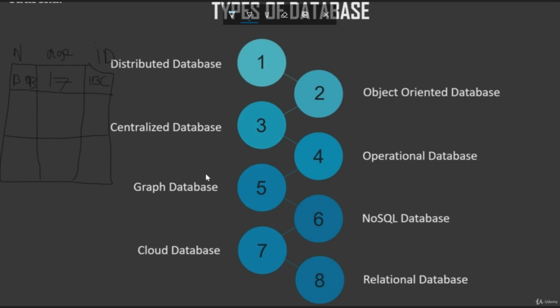It has a table, and the table contains columns name, age and ID, and also rows. Let's write another row. I will write Jack, age 35, and ID is 7. You can see here I have 3 columns and 3 rows. My first row is Bob, age 17, and ID is 1BC.